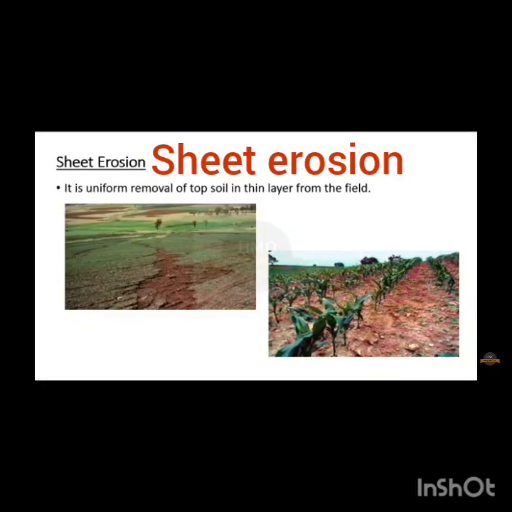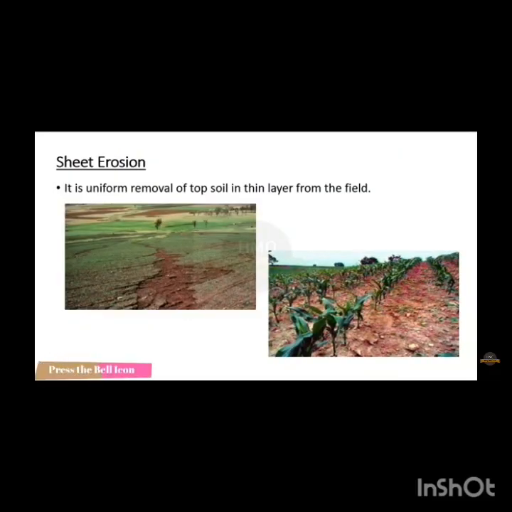It is also known as the first stage of water erosion, or the initial stage. What happens in this stage? When the rainfall occurs, the raindrops churn the topsoil and along with runoff, the muddy water moves away from the field. Or we can say it is a uniform removal of topsoil in a thin layer from the field.